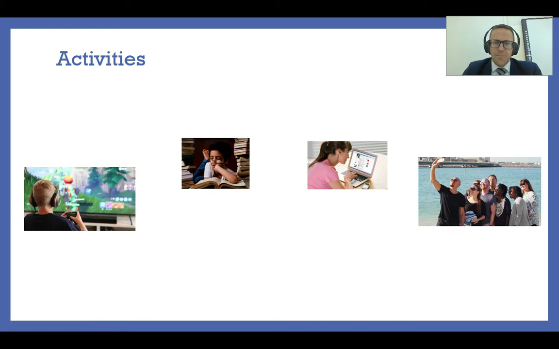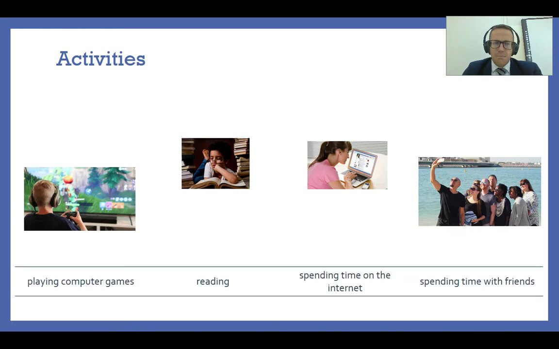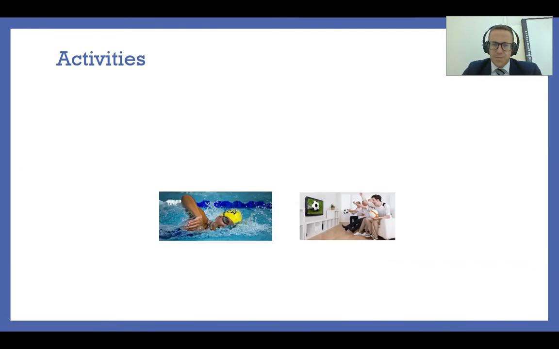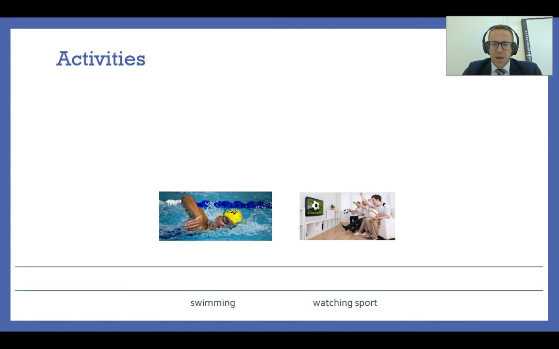4 more. Playing computer games, reading, spending time on the internet, spending time with friends. The difficult one here is spelling computer games. Try to learn how to spell this. And then the last 2, swimming, watching sport.